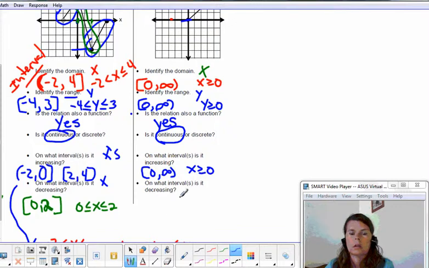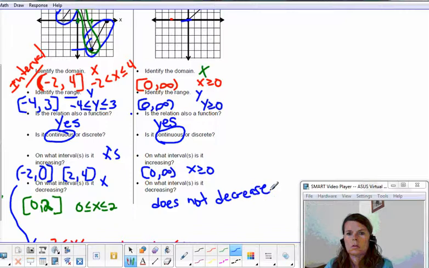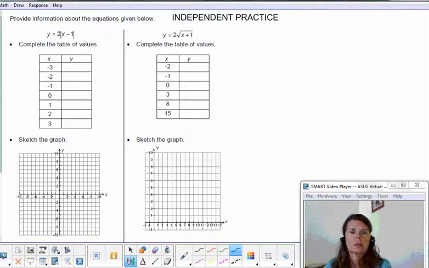It's not. So you can just say it does not decrease. Okay, and that's it. We're not going to do these, and that's the end.